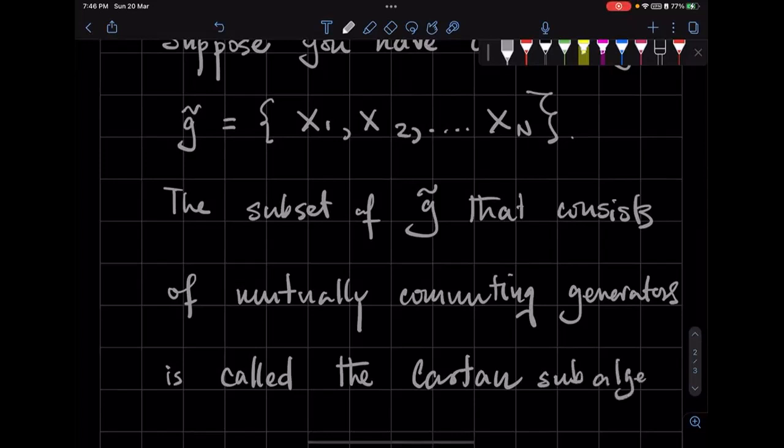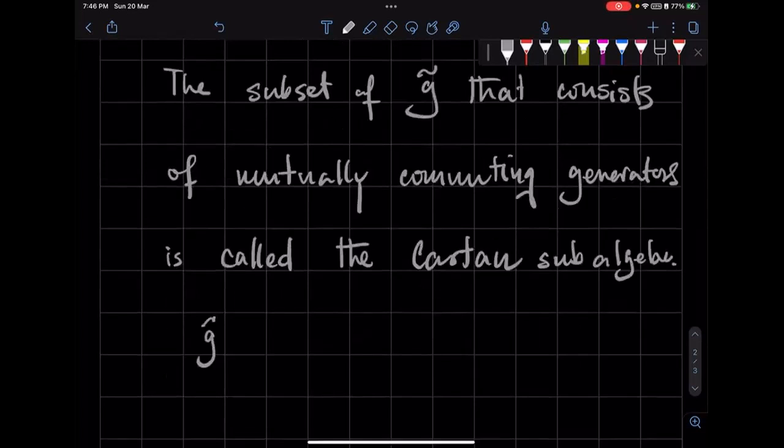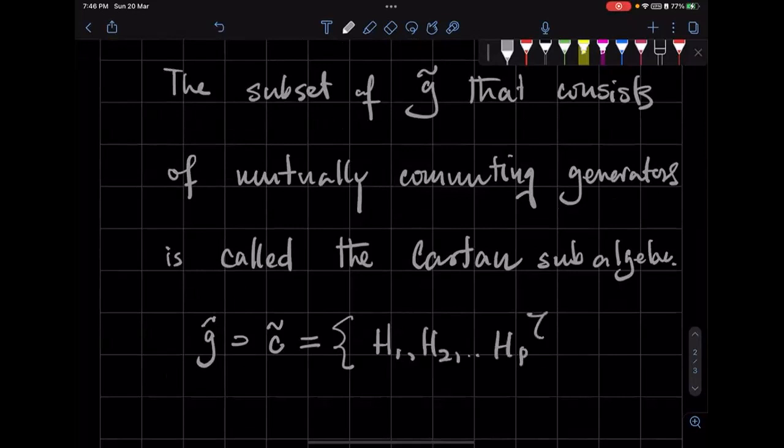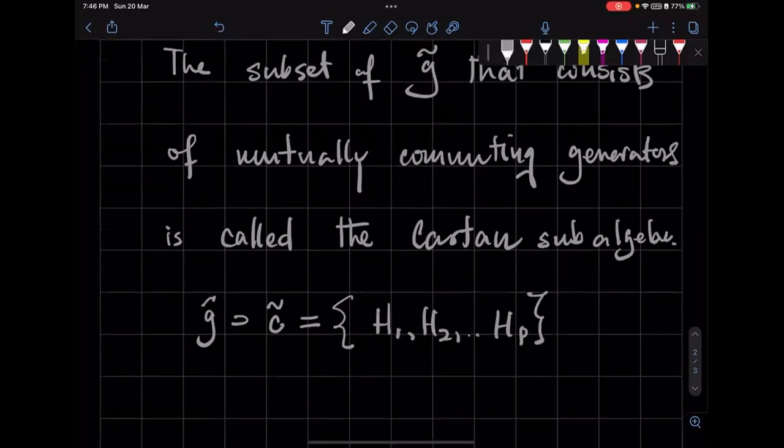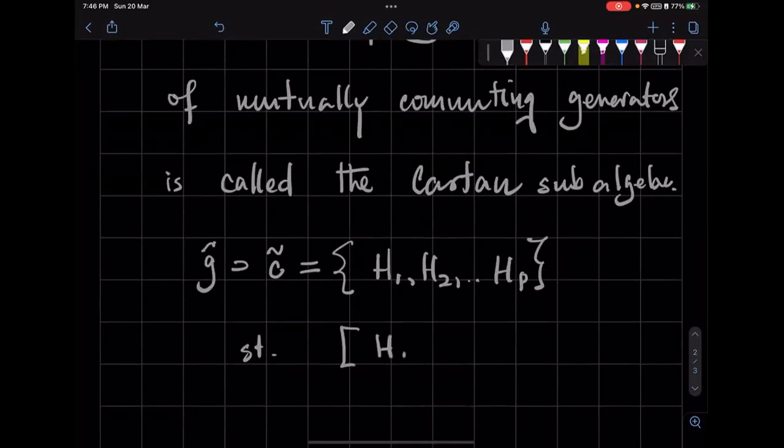Okay, so of G tilde, there is some subset, say C tilde, and C tilde consists, say, of H1, H2, dot dot, say HP, such that all the H's in this set commute with each other.